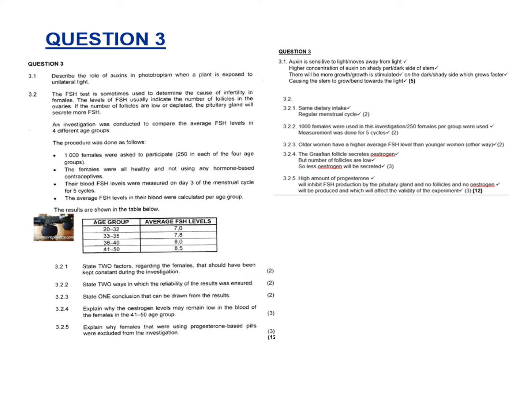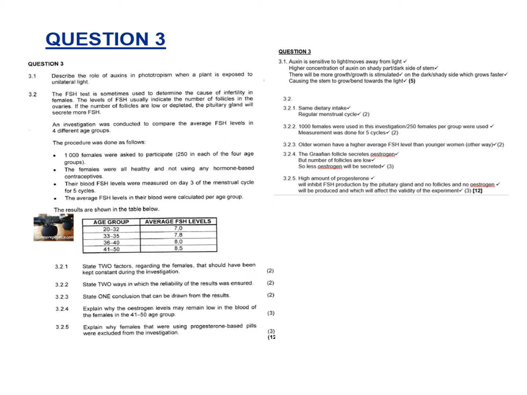So the food that they take can also influence their hormone production, the level of the hormone production. So same dietary intake. And then what else regarding the females must be kept constant so it doesn't affect the investigation? They must obviously have regular menstrual cycles. Obviously, if they don't have a regular menstrual cycle, then they cannot produce FSH and the other important hormones.